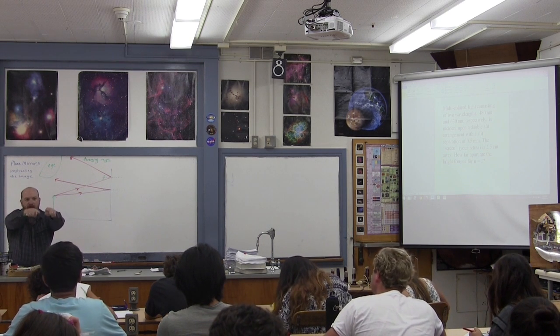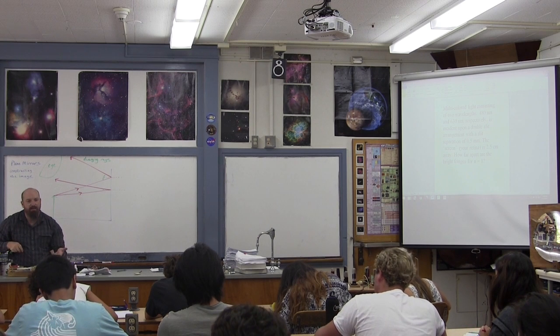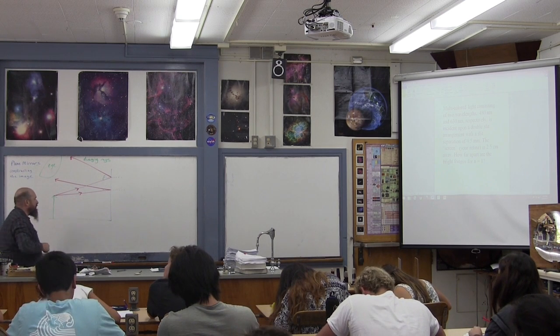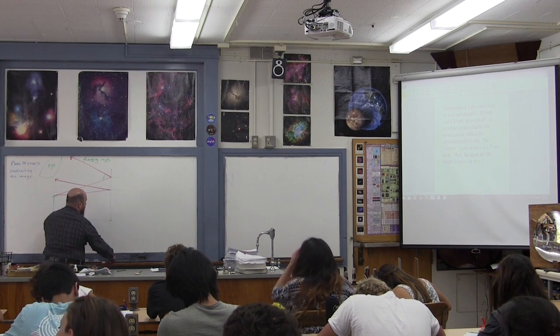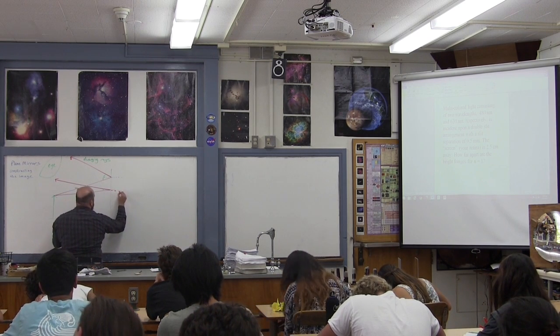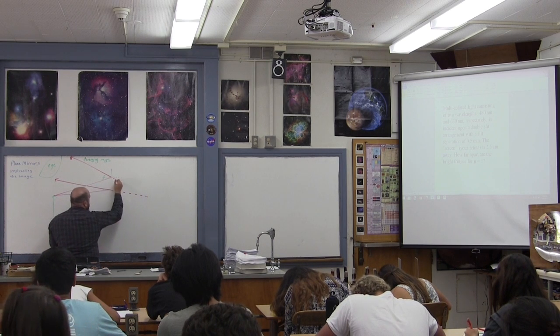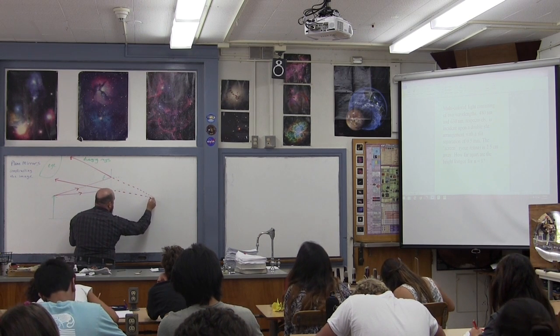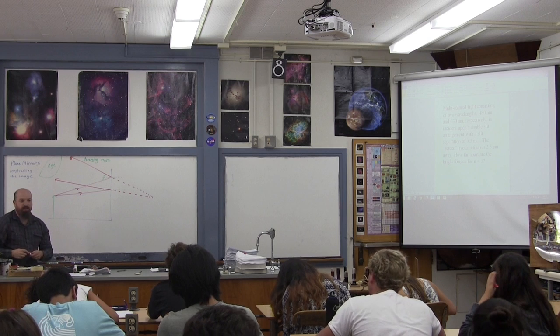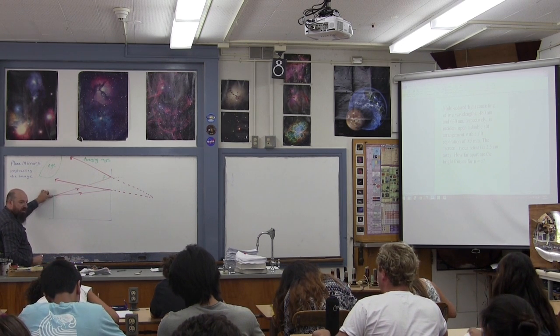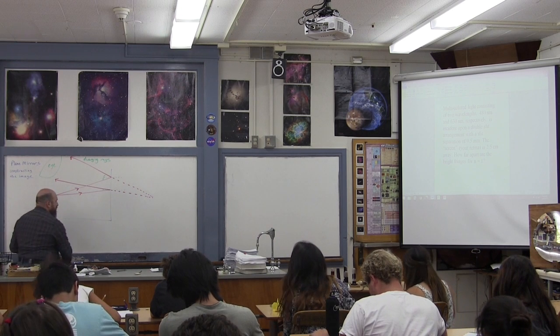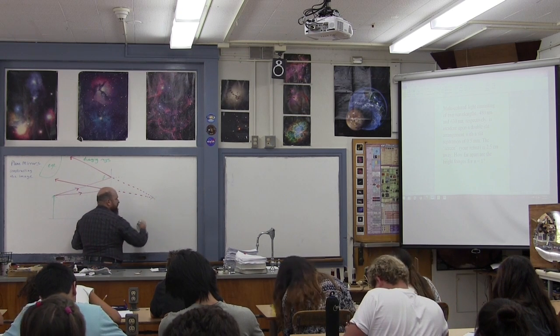Well, they look like they're coming from some point behind the mirror. Why? So watch what happens if I take these 2 reflections and extend them back behind the mirror. Like so. Notice that they come together behind the mirror. That is then where you would see the image of the tip of the arrow. The image of the tip of the arrow forms here.